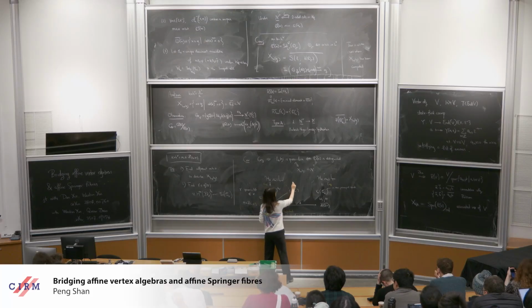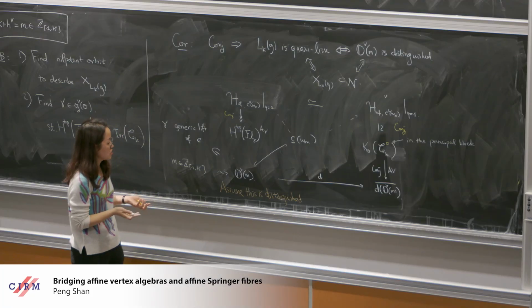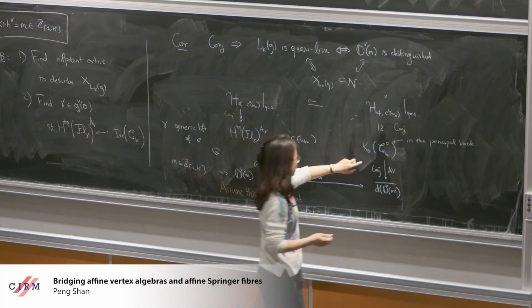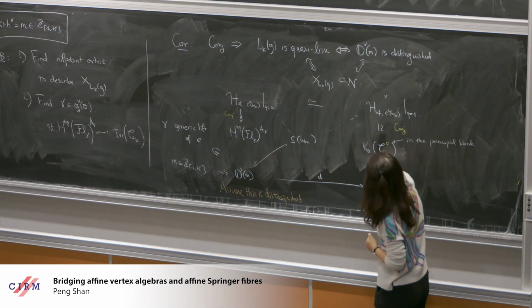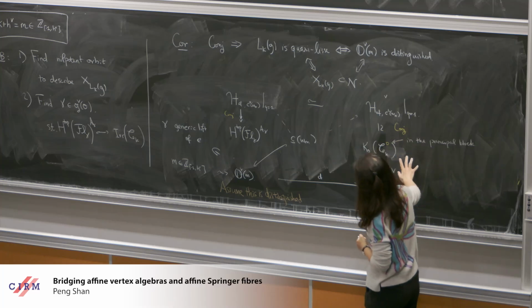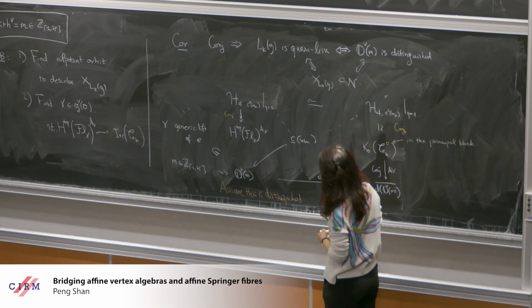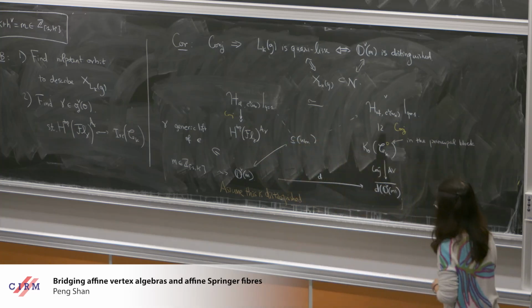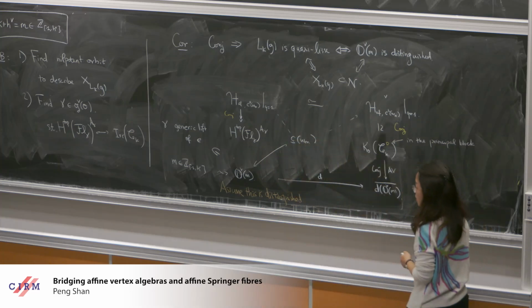So this provides some relationship between the affine Springer theory of this fiber and the irreducible representations from a basis here. You don't have an isomorphism in general, but you get some correspondence with the Springer representation.